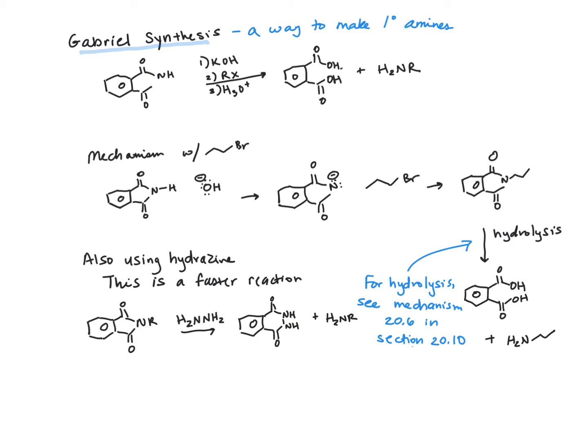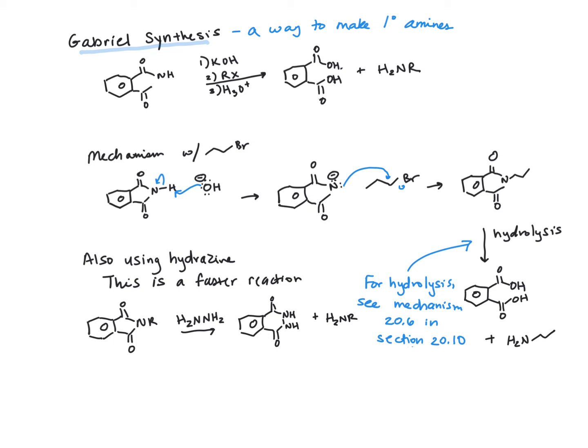How does this work? Let's look at an example with bromopropane. First we have our deprotonation reaction, then we have an SN2 reaction to connect to that propyl group.